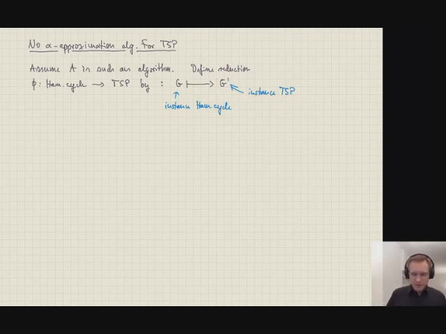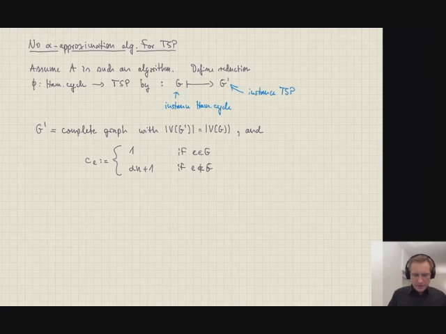And we do so in the following way. It's a complete graph on the same vertices, same number of vertices. And the costs for the TSP problem we define to be equal to 1 for all the edges that exist in the original graph, and equal to alpha n plus 1, where n is the number of vertices of the graph, if the edge was not present in the original graph, in the instance of the Hamiltonian cycle problem.